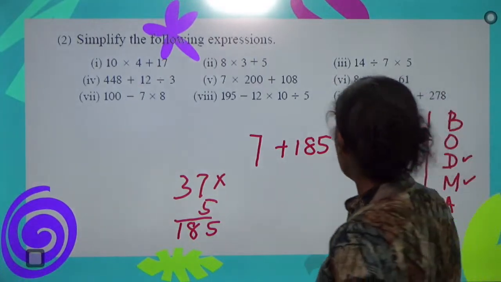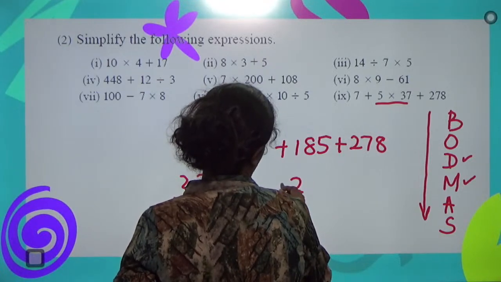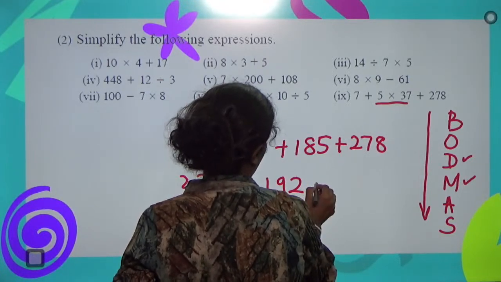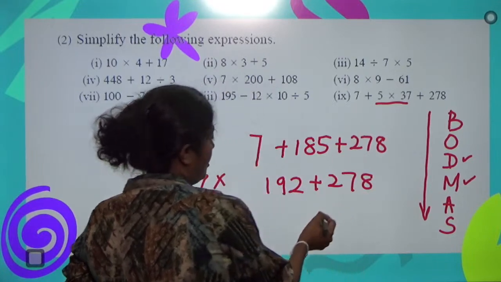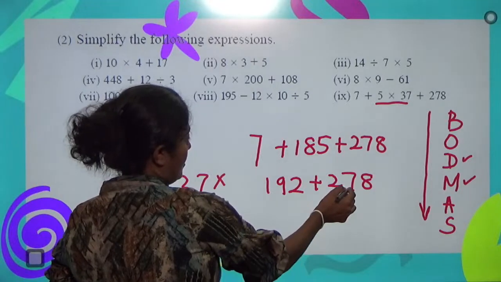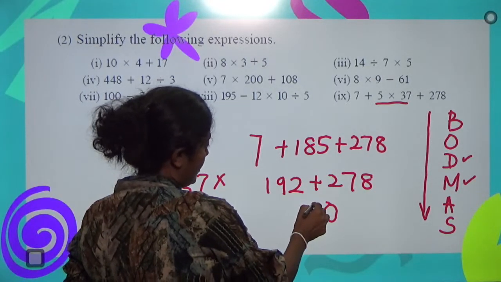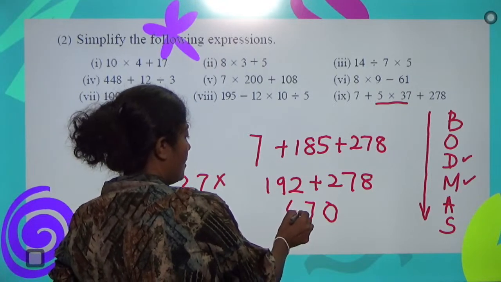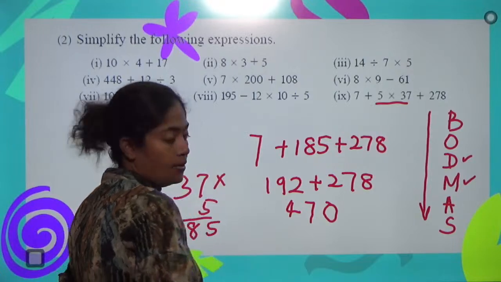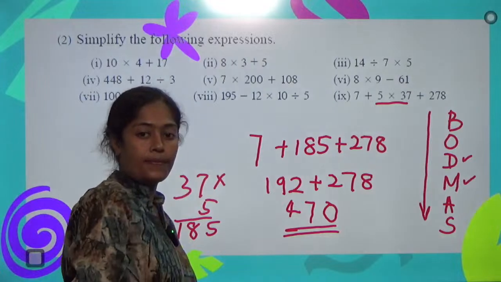Now you have to add all these together. 7 plus 5, 12, then 9, 1 plus 278, 8 plus 2, 10, 7 plus 9, 16 plus 1, 17, remaining 1, 2 plus 1, 3, with remaining 1 you have to add 4, then 470, right?